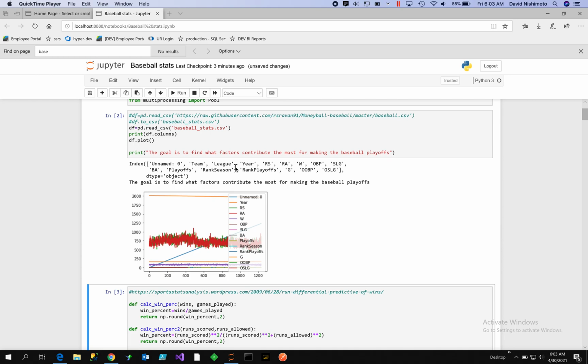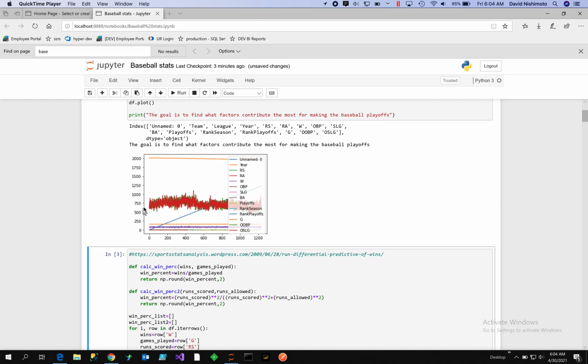features that you have, like the league, the team, the year, the runs scored, RA, W, OBP, SLG, BA, playoffs, ranked season, or ranked playoffs. And so our target will be the playoffs. So you just plot the data.